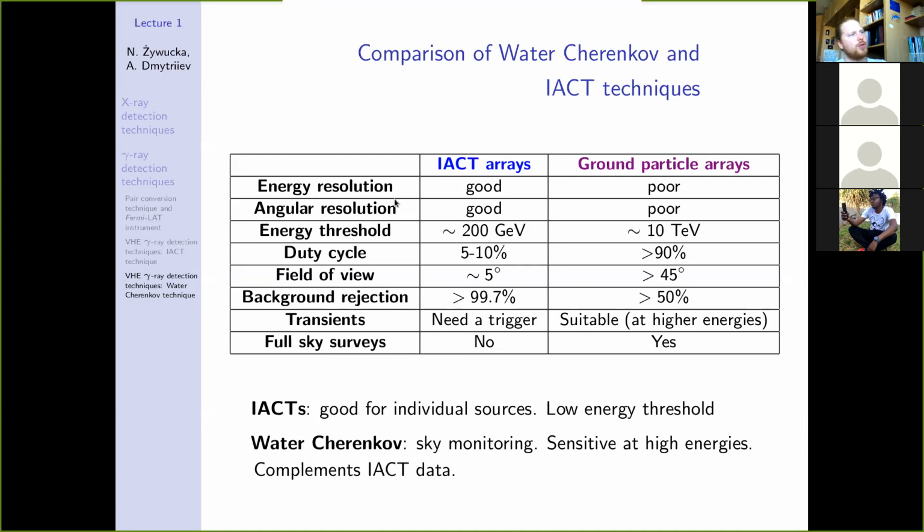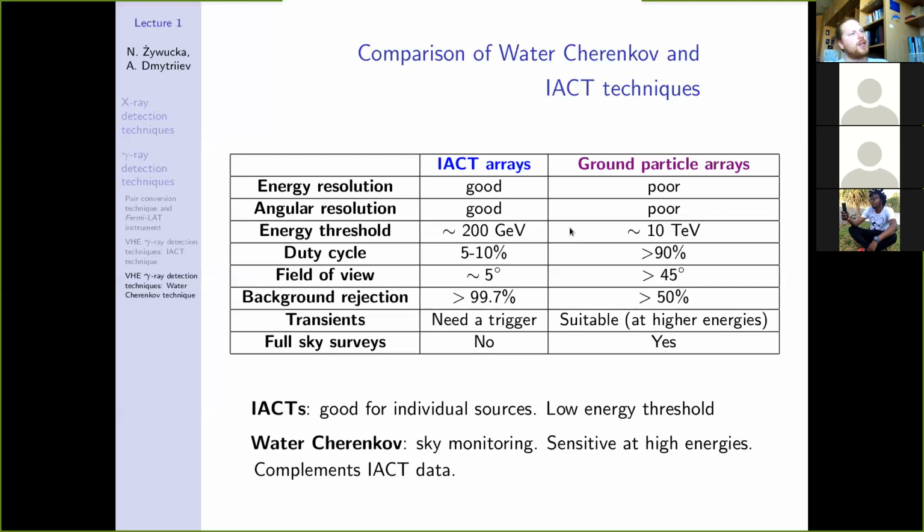So angular resolution, again: IACT arrays have very good angular resolution compared to ground particle arrays. Then the low energy threshold, meaning from which energy you can start observing. With Cherenkov telescopes, you can go as low as 100 GeV or 200 GeV.